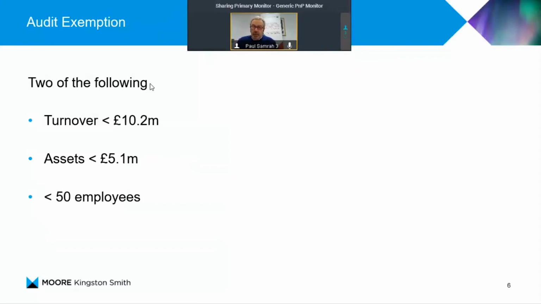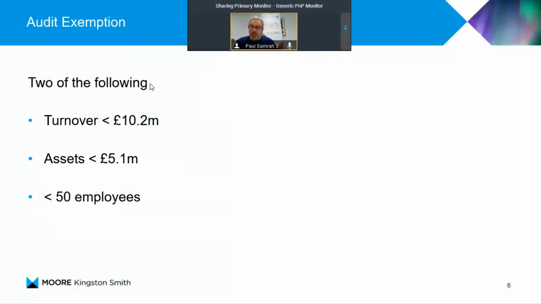To bear in mind, would the exclusion of something or the inclusion of something change the viewer's, the reader of the accounts, view of those accounts? So for an audit, by and large, you're looking to have two of the following, two out of those three, and then you are exempt. So quite a few small companies, by definition, will not require an audit.